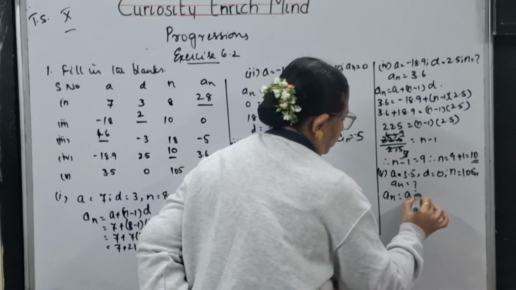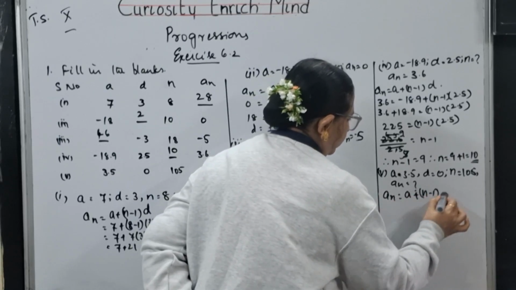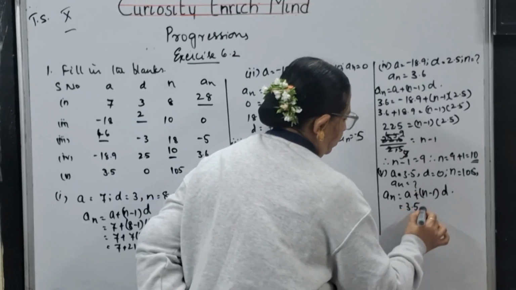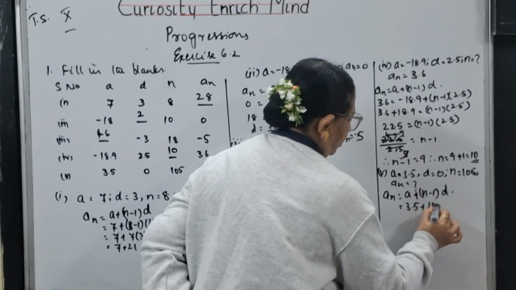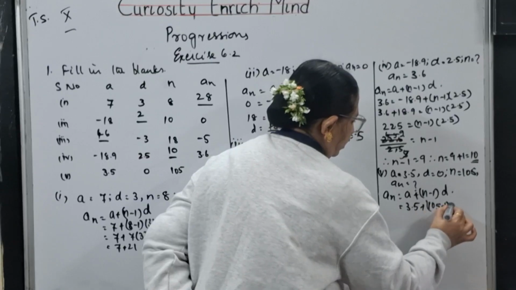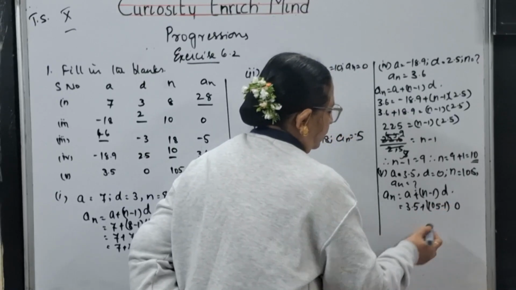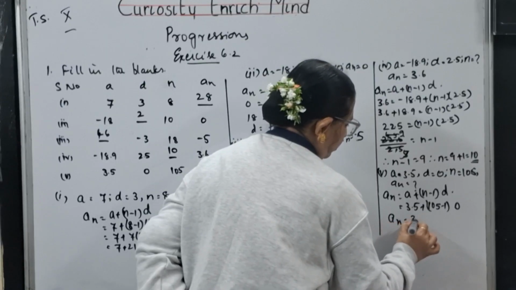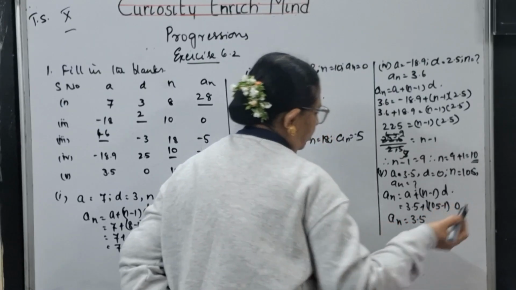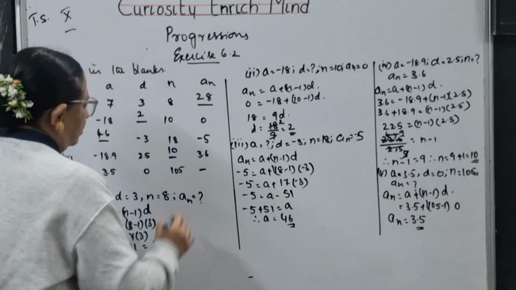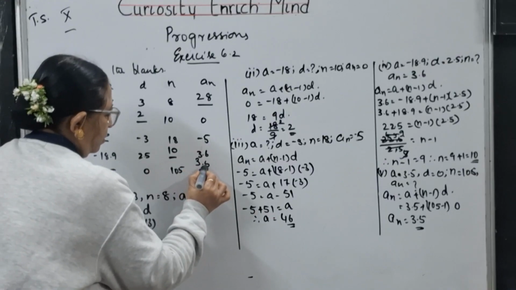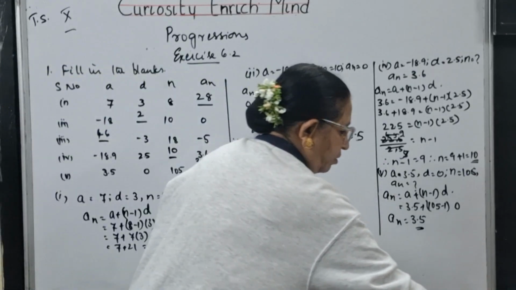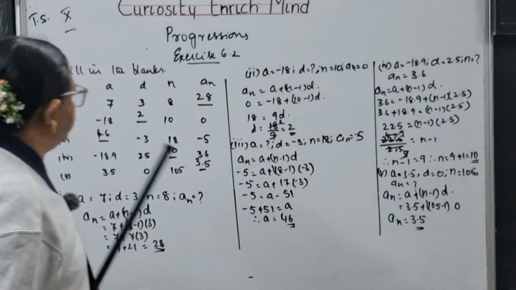AN is equal to A plus N minus 1 into D. That is 3.5 plus 105 minus 1 into D is 0. So anything with 0 is 0 only. So AN becomes 3.5. That is the answer, children. AN is 3.5. So let us see once again this sum.